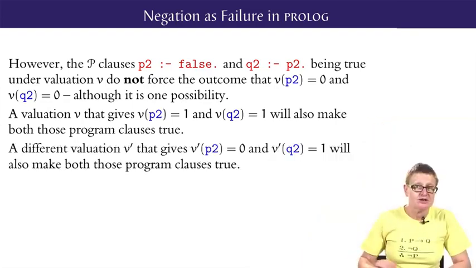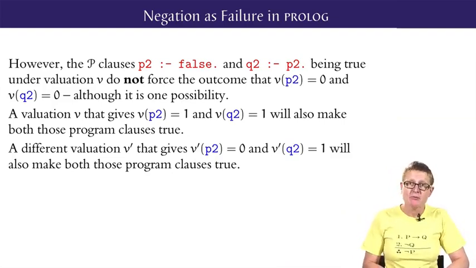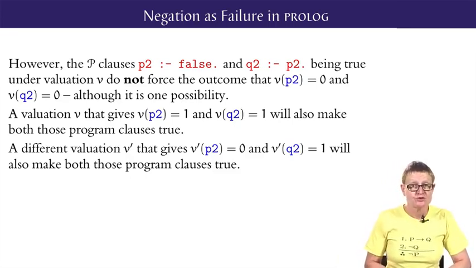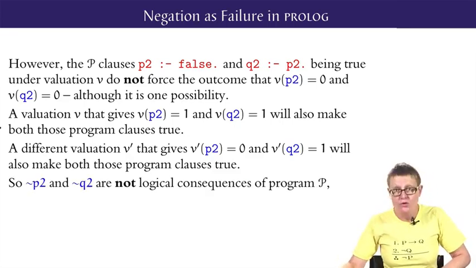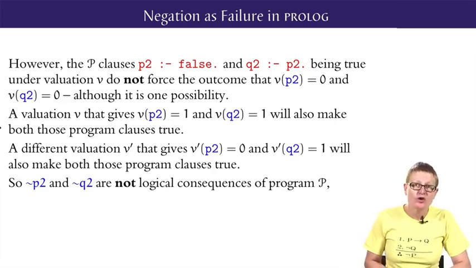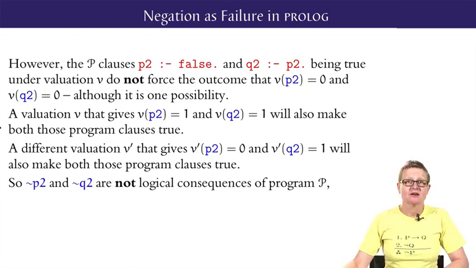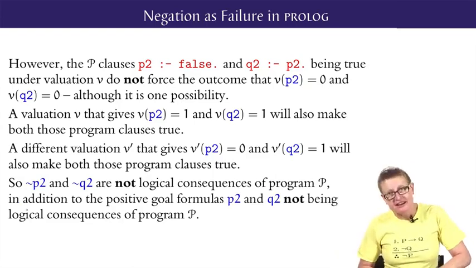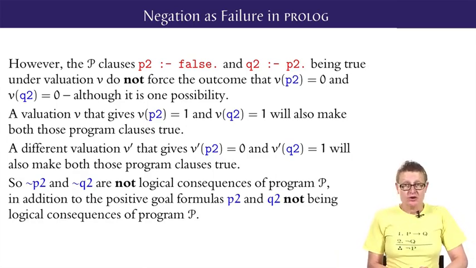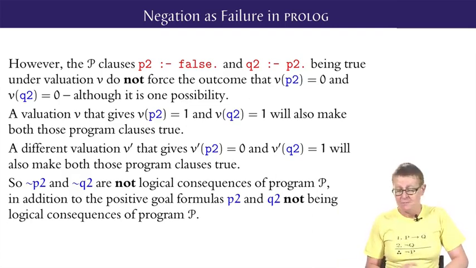A different valuation that values P2 false and Q2 true is another possibility, as this one also makes both those program clauses true. So, the negated formulas, not P2 and not Q2, are not logical consequences of program P. And in addition, the positive goal formulas P2 and Q2 are not logical consequences of program P as well.